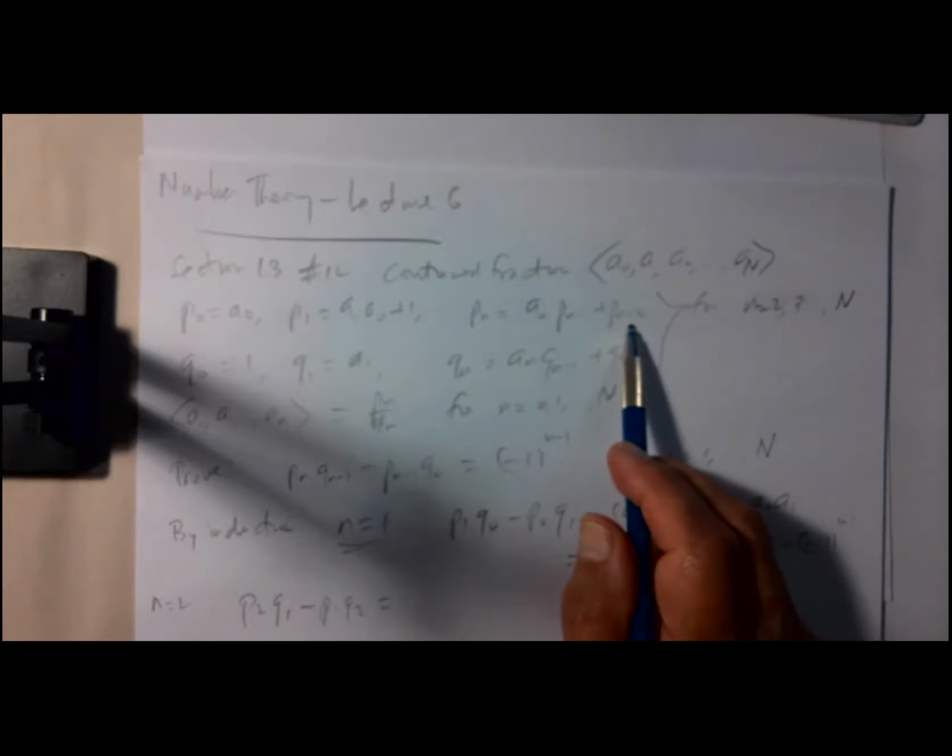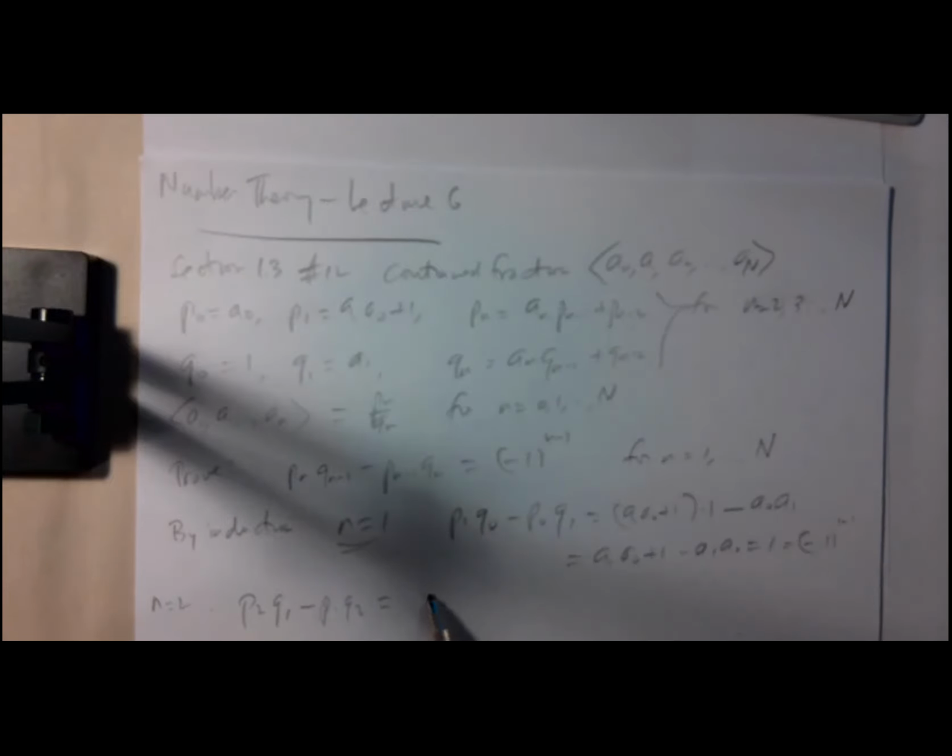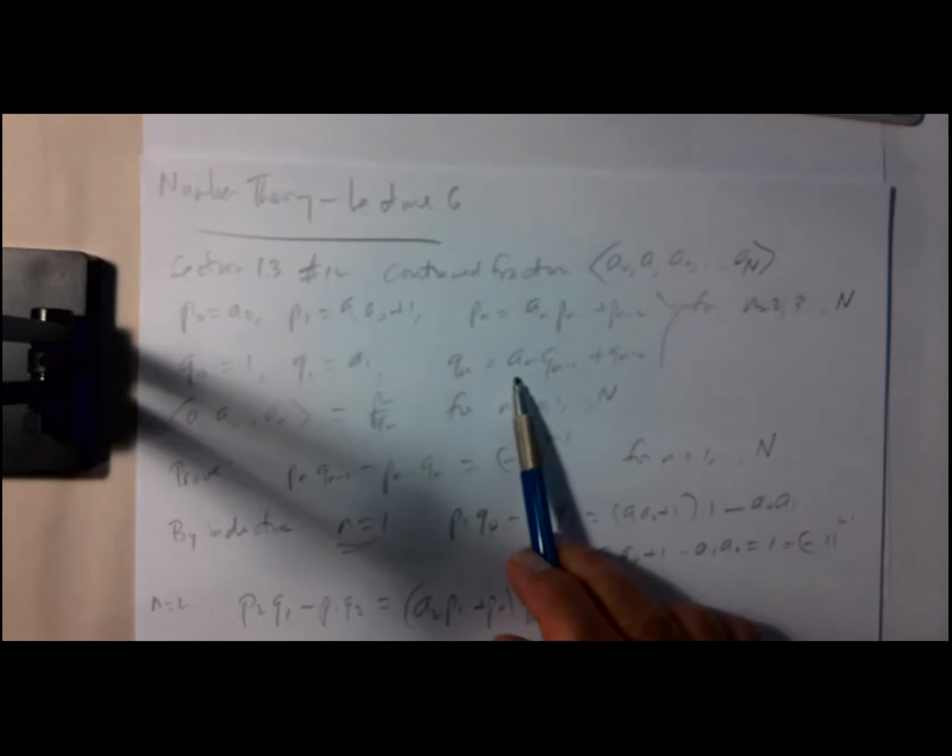So P2 from our recursion formula is A2 P1 plus P0 times Q1, minus P1 times Q2, and Q2 is A2 Q1 plus Q0. Well, I don't know.